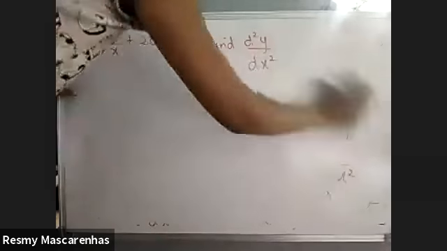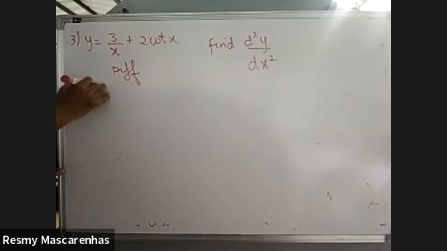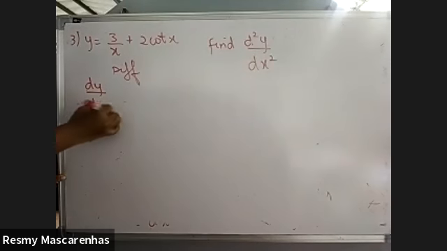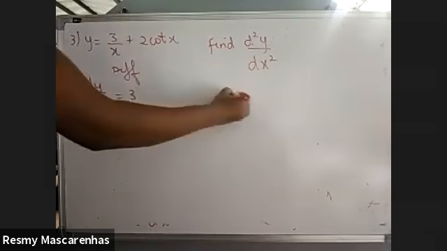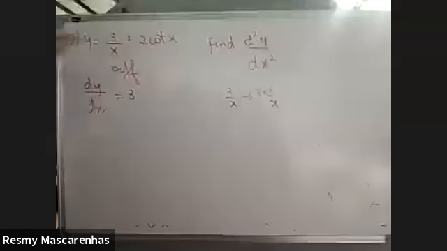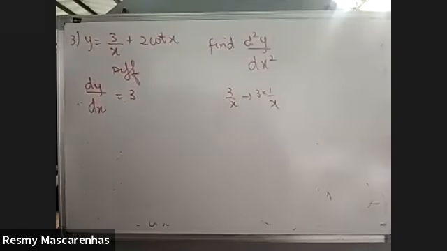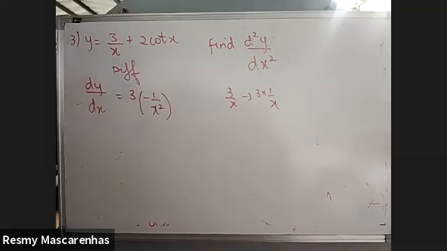So when you differentiate, you get dy by dx. 3 is like a coefficient. 3 by x can be written as what? 3 into 1 by x. So derivative of 1 by x, just now I told you, is nothing but minus 1 upon x square.